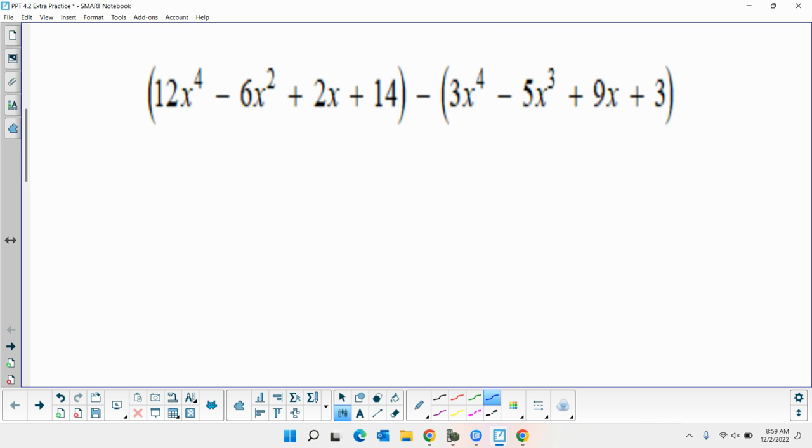Combine like terms. What's 12x to the fourth minus 3x to the fourth? 9x to the fourth. There's nothing x to the third minus a negative 5x to the third. What's 0 minus a negative 5? Positive, yeah.